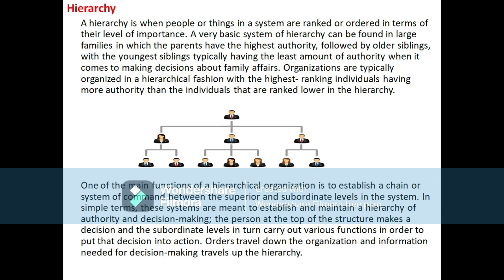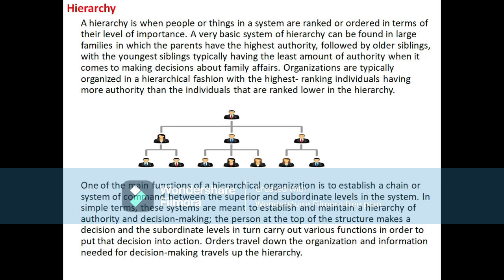The first person has more authority than the other two levels, and the second level has more authority compared to the third level. So authority differentiates between the levels of management, and the top position will have more authority than the lower levels of management.